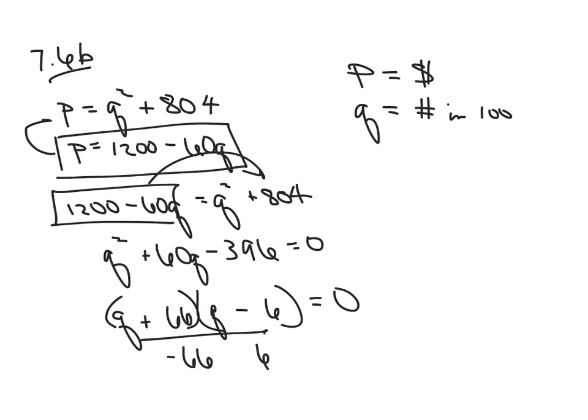Okay, and this is where the story problems make rules about what works and what doesn't. Obviously this doesn't work because Q is the number in hundreds and we can't have a negative 66 units. So therefore 6 is the one that works, and they're in hundreds, so 600 units is the one that works.